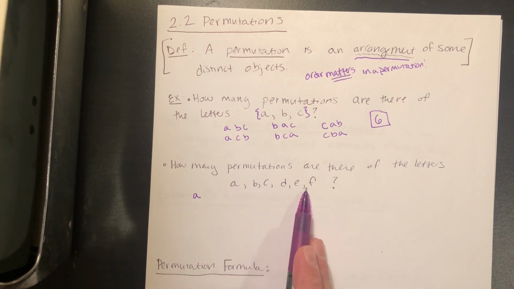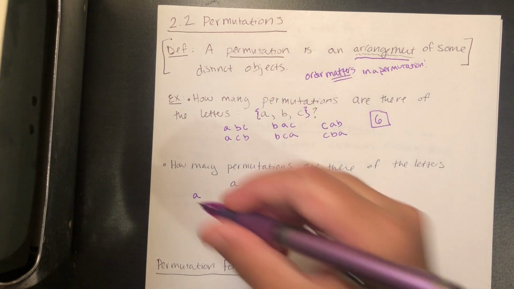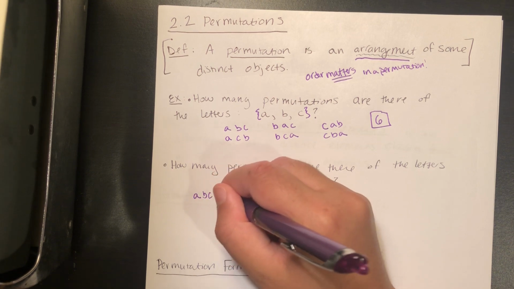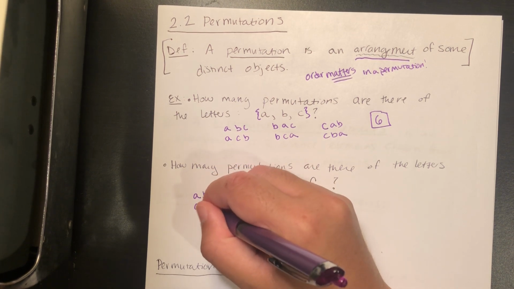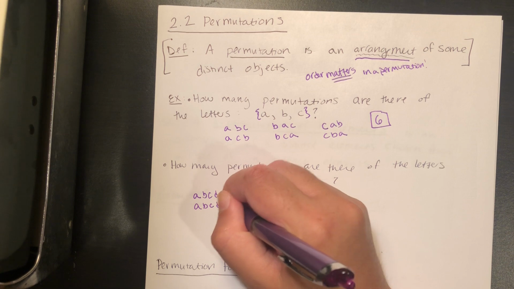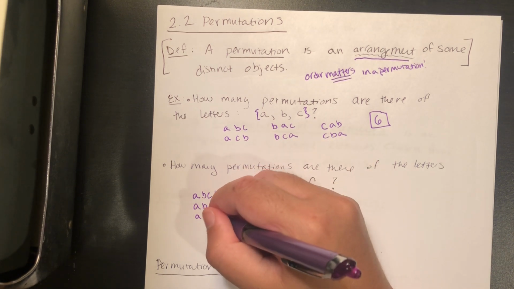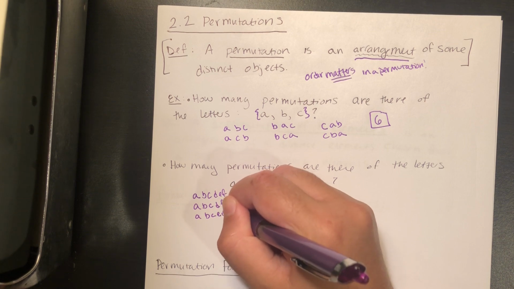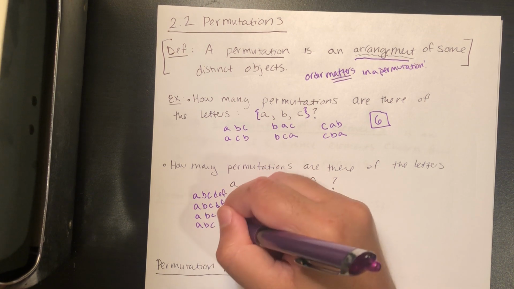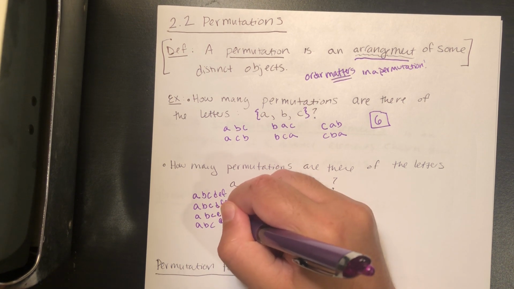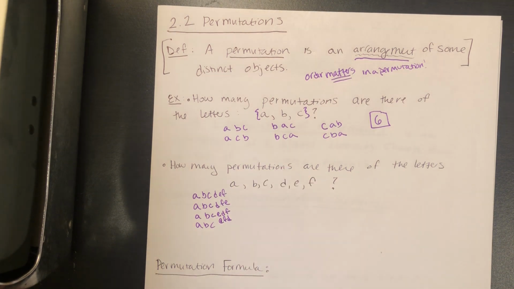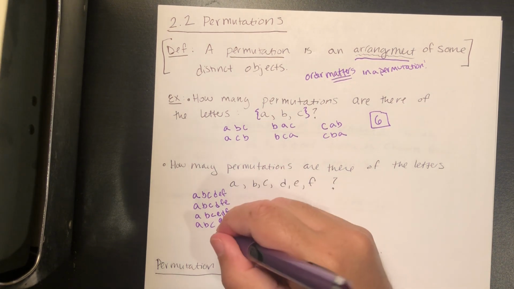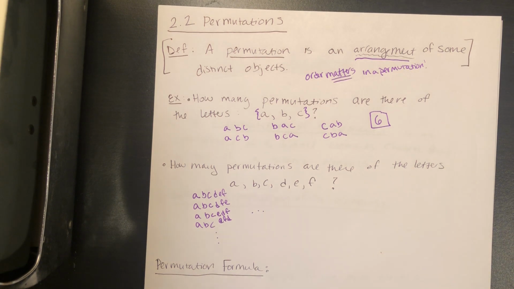There's a lot of different ways to arrange these last 5 letters. You could do it alphabetically, A, B, C, D, E, F, and you could try to start switching things up, A, B, C, D, F, E, or A, B, C, E, D, F, and I'm already starting to get a little bit mixed up here. This is going to be really messy if I try to list them out by hand.